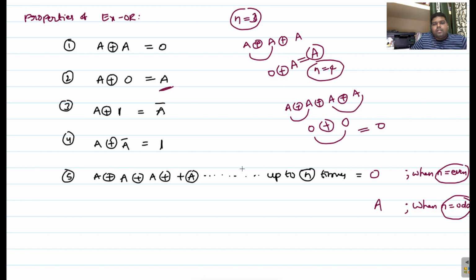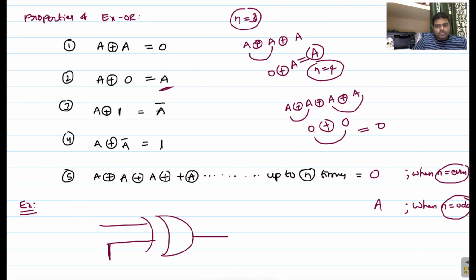Right, so now here I have to consider one problem. So this is your XOR gate, and here the input is X, and here the input is M. So M equals to, I will take 0.